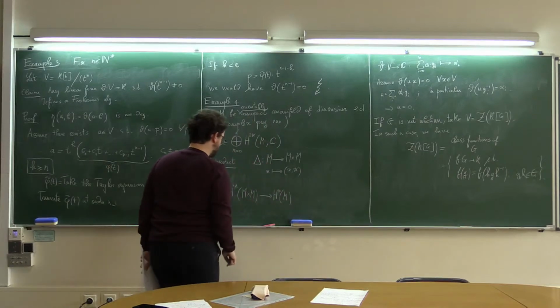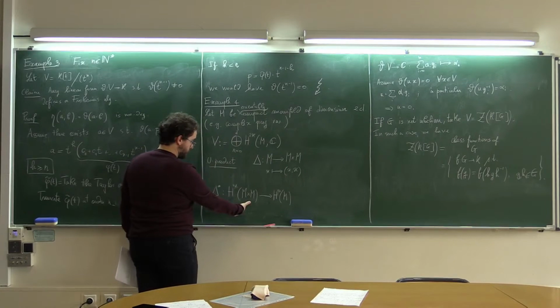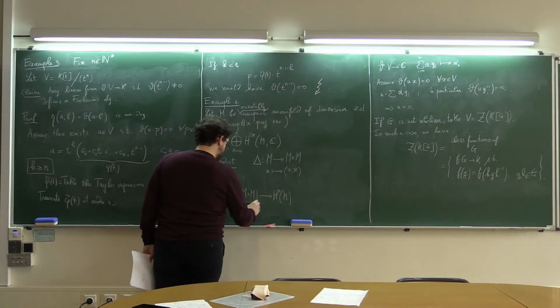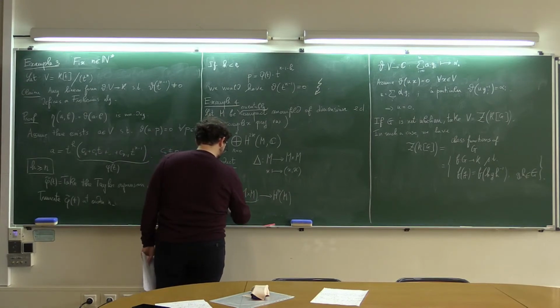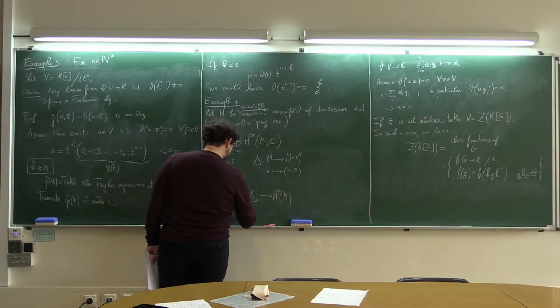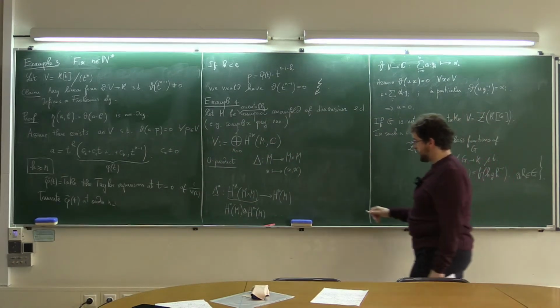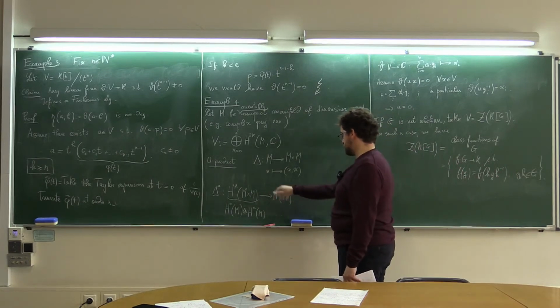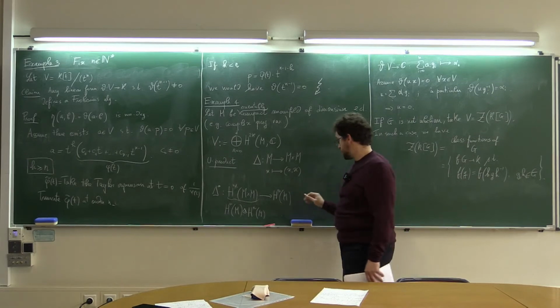And by Künneth's theorem, the cohomology of a product is just the tensor product of the cohomologies. So what we have is a bilinear map on the even part of cohomology, and we can interpret such a bilinear map as a product. This is the cup product.